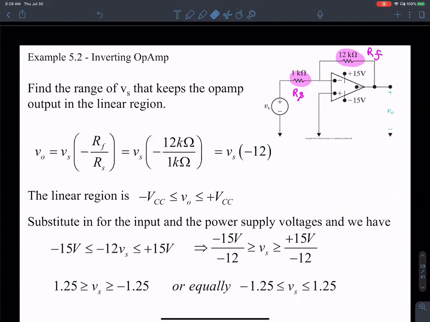And then of course you can look at the practical limits. What's the maximum and the minimum power supply voltages? Based off of that, I can calculate the maximum and the minimum values for the input voltage possible, and so on and so forth. Pay attention to this.